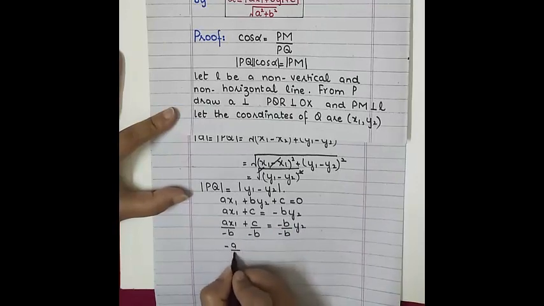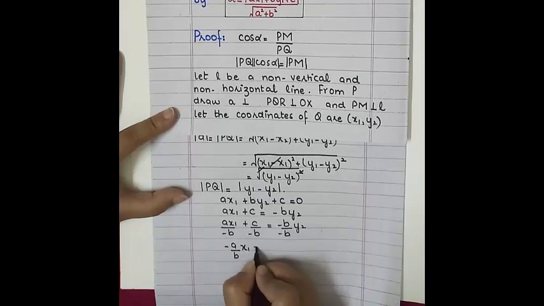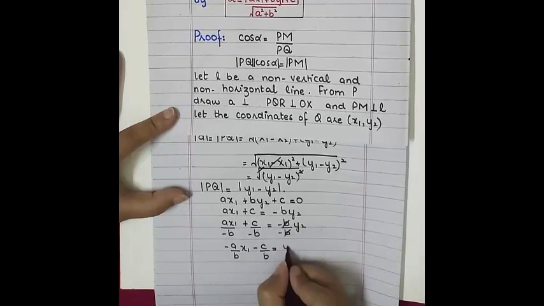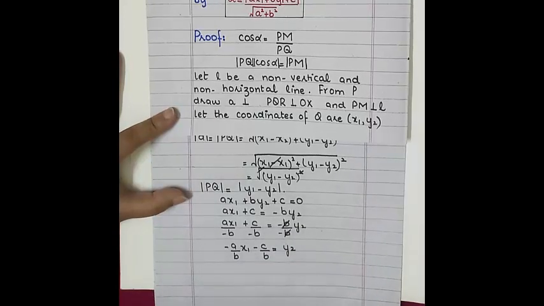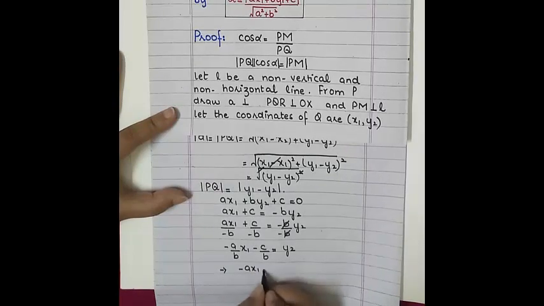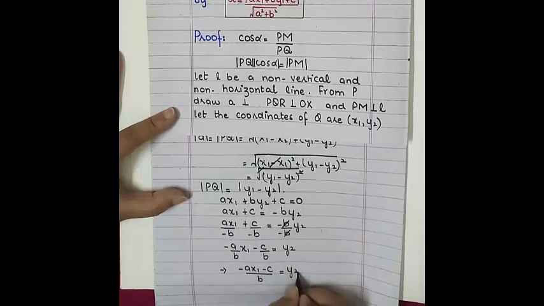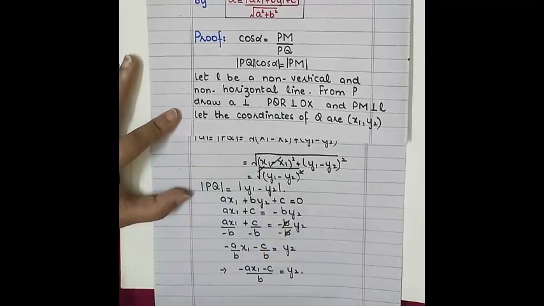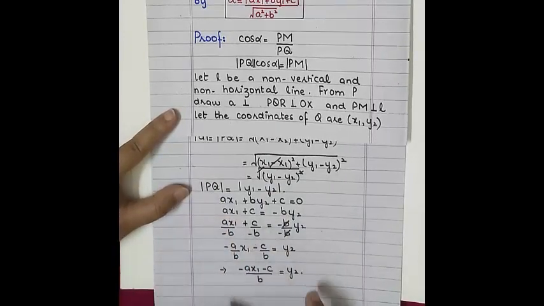Minus a over b x1 minus c over b is equal to y2. Or we can write it in a combined form: minus (ax1 plus c) over b is equal to y2. So we have the value of y2 also, and so we have found PQ.